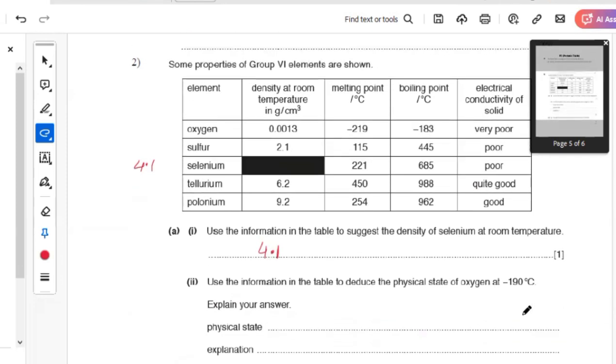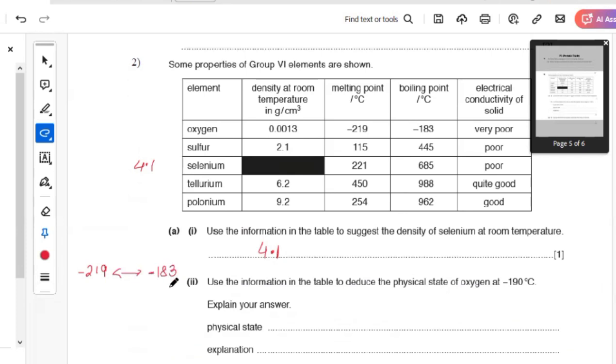And then we have: use the information in the table to decide the physical state of oxygen at minus 190. So oxygen has a melting point of minus 219 and a boiling point of minus 183.